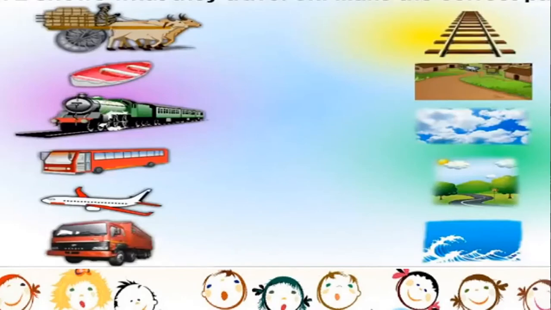Let us try and match now certain means of transport to the places where they are used. The first one is a bullock cart. So where do you think people go around in a bullock cart? On a kacha rasta. See, a rough village road. The second one is a boat. So where do boats sail?